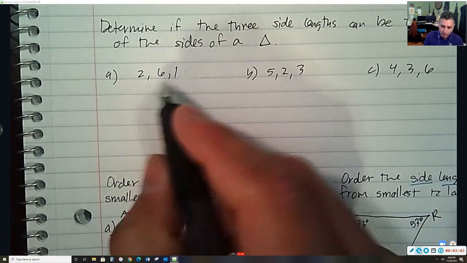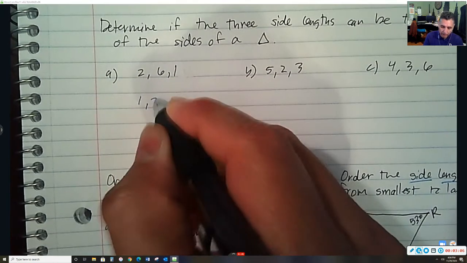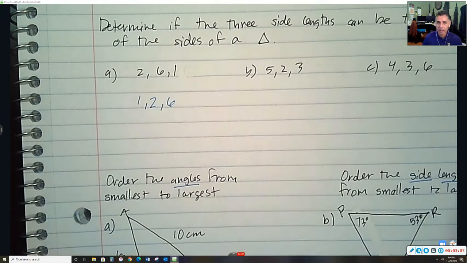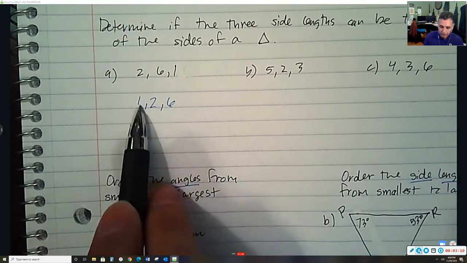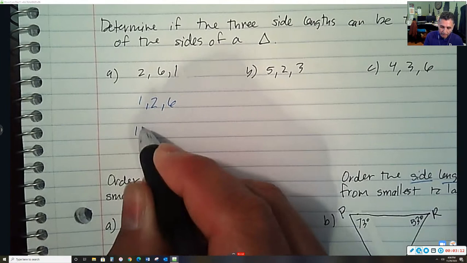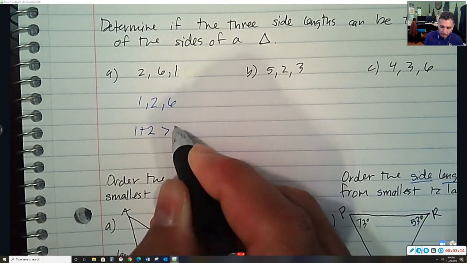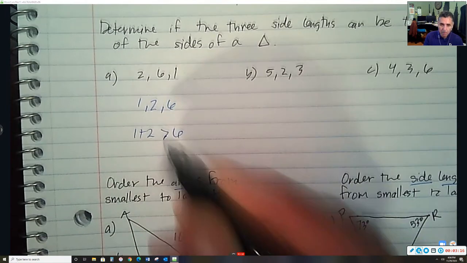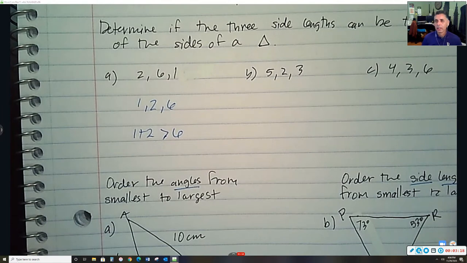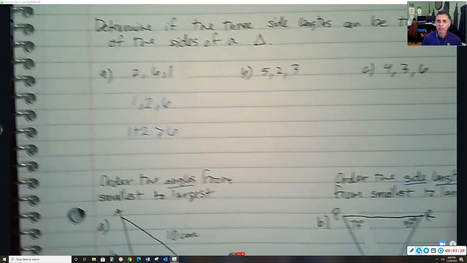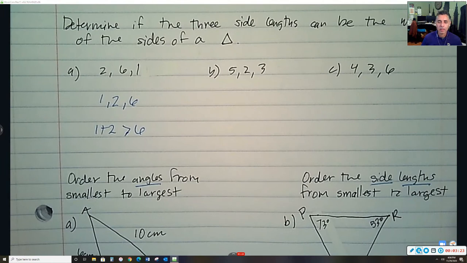What you should do is put the three lengths in order, and then take the two smaller ones, add them, and ask yourself, is it bigger than the third length? If it's bigger than the third length, then it could represent the side lengths of a triangle. If it's not bigger than the third length, then those three lengths cannot represent the side lengths of a triangle.